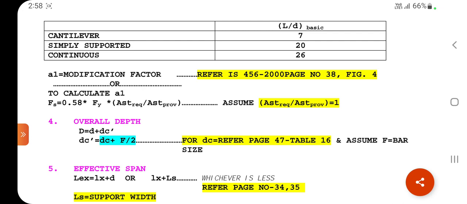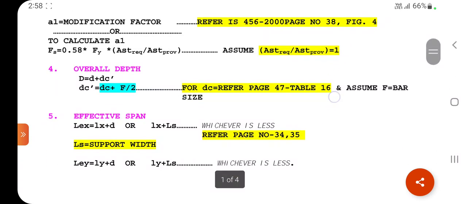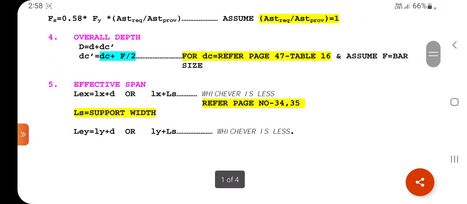Then we calculate the overall depth. Big D is equal to d plus dc dash. Dc dash is equal to d plus phi by 2. For dc, that is the depth of the cover, refer to page number 47, table number 16, and phi is nothing but the diameter of the bar. Then we calculate the effective span.